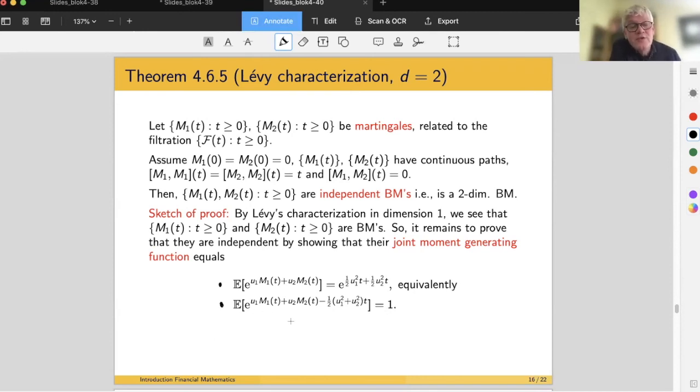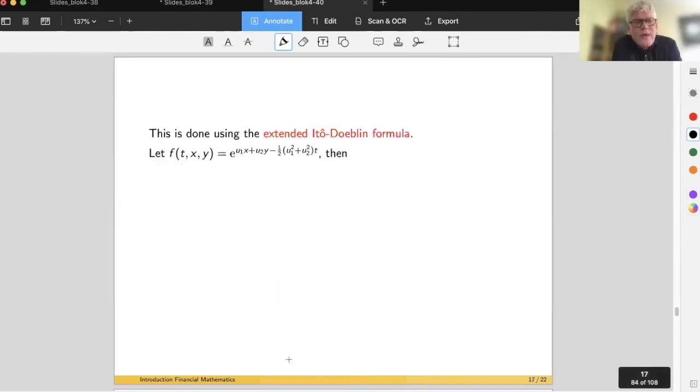And here we see a two-dimensional form. We recognize an x here, a y here, and a t here. So we will be using the multidimensional Ito-Doeblin formula with t, x, and y. We can show that by using the extended Ito-Doeblin formula, where f(t,x,y) is e to the power u1 x plus u2 y minus 1/2 (u1 squared plus u2 squared) times t.